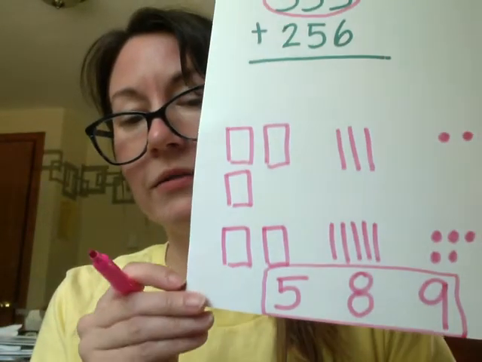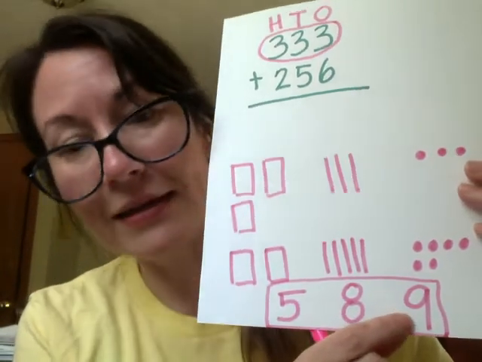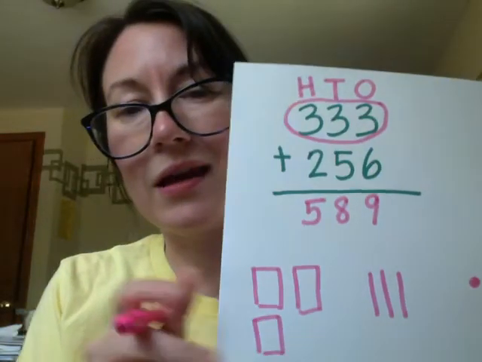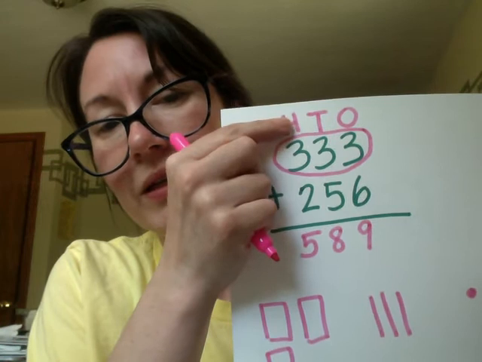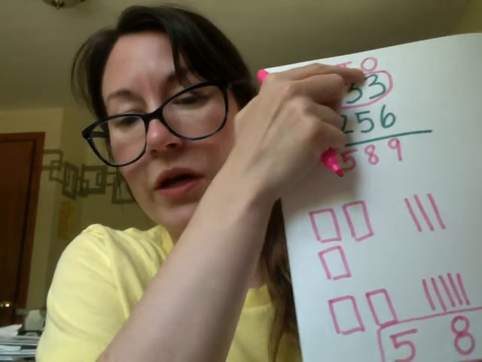And I like that I have my HTO up here because then I just put the right numbers underneath the right letter again. How many ones? 9. So I go down and put the 9 under the ones. How many tens? 8. So I go down. How many hundreds? 5. So boys and girls, that's how I break it down when I am adding 3-digit numbers.